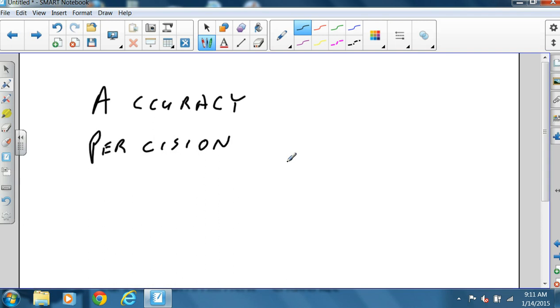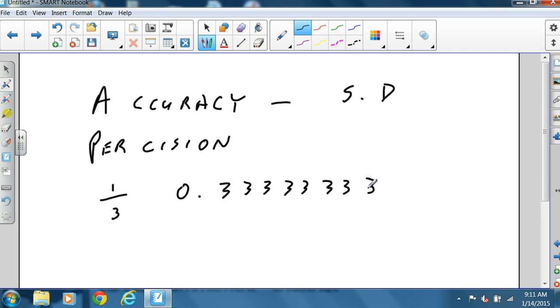So anyway, accuracy has to do with significant digits. When I take 1 and divide it by 3 and my calculator says it's 0.3333333333, is that really what it means?